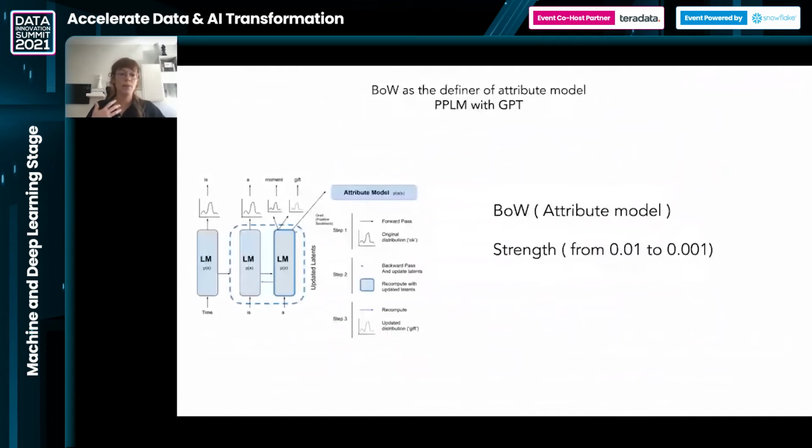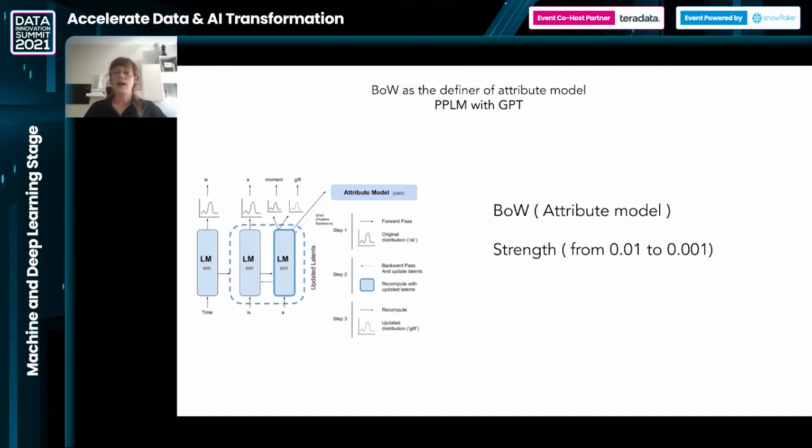So here, for example, a standard GPT model has "time is a moment," right? Using this attribute model, it recomputes the content generation in the last side, and we could see something like "time is a gift," changing the overall distribution of the probability of the word and the content.